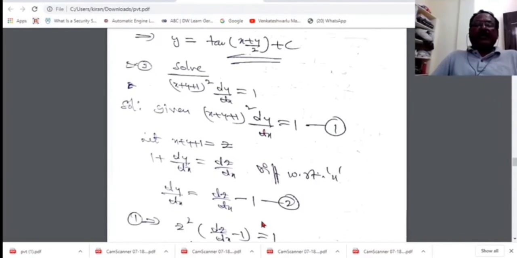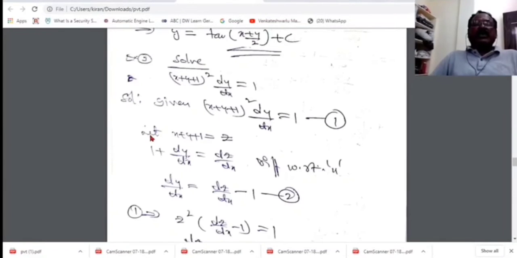Now the substitution: x plus y plus 1 is equal to z. Differentiating with respect to x on both sides, 1 plus dy by dx plus 0 is equal to dz by dx. After simplification, dy by dx is equal to dz by dx minus 1. That is equation number 2.